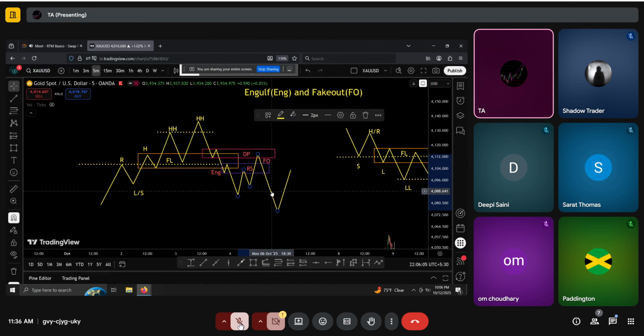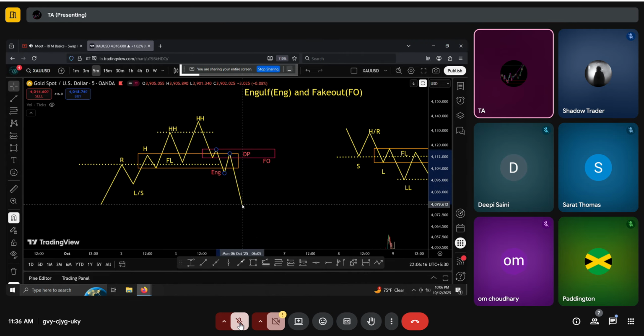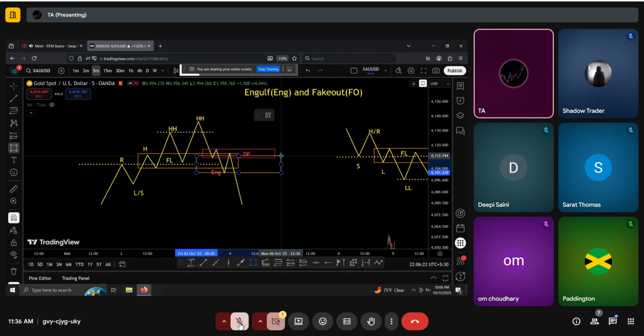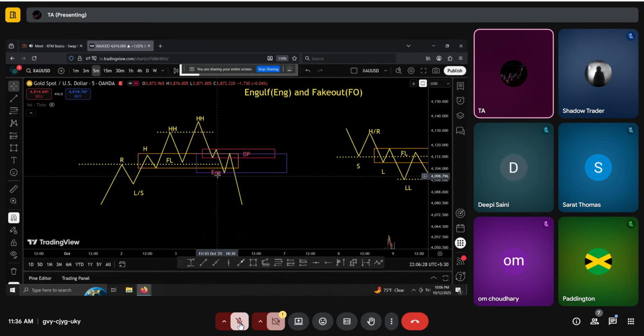So you mean like this. If there was RS, there was this zone. What will happen if price already hit this TP, right? So there will be a swap zone and there is no RS zone, right? Like this. We have already seen this is the swap zone. Fine. So price will come down here.